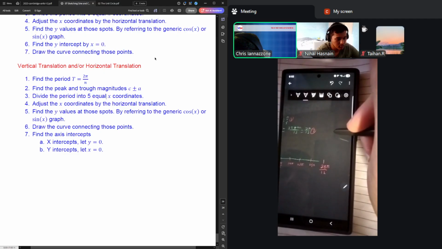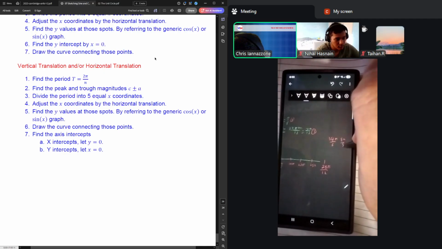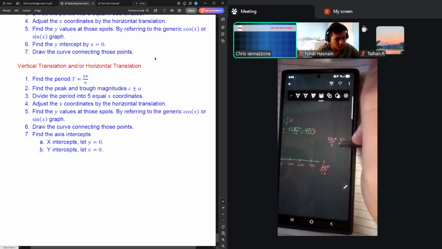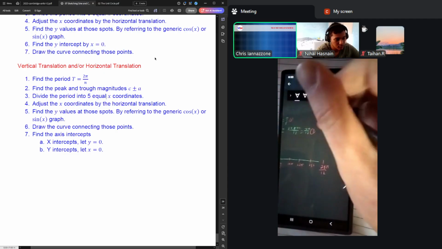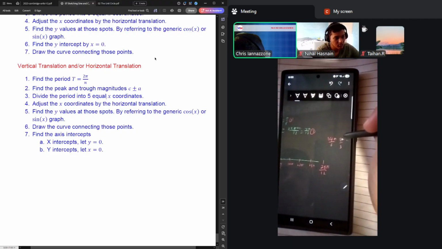It's going to be 14 pi over 6, 8 pi over 3. 8 pi over 3. Not too far. Looks like it.